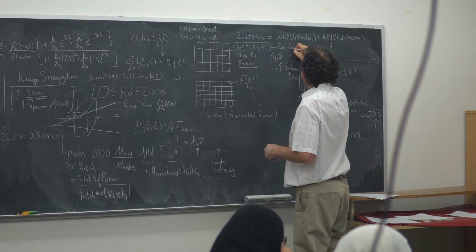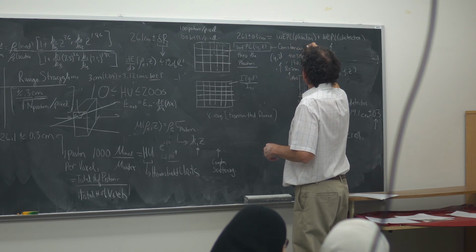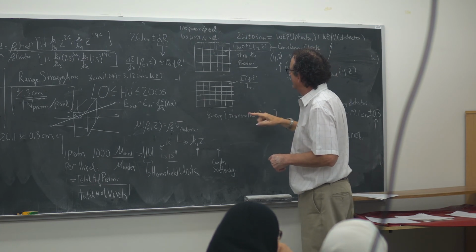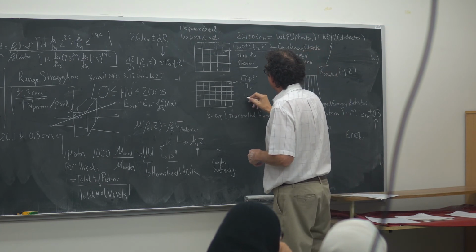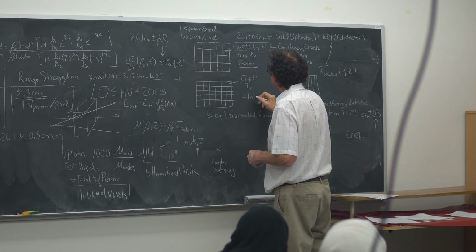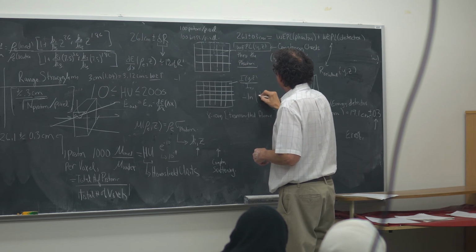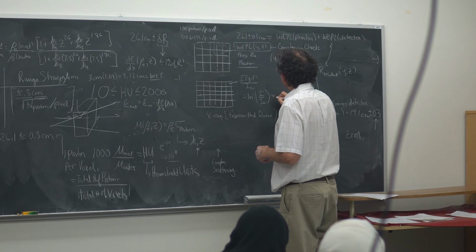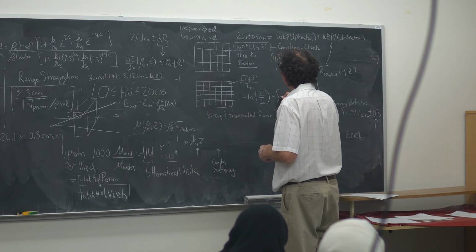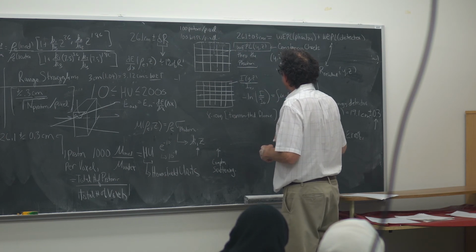Now you could do the same thing with X-rays, but remember that your fluence that you get through here is actually minus the log of I over I0, and that's equal to the integral of mu dx.